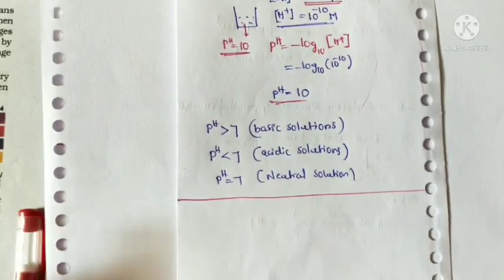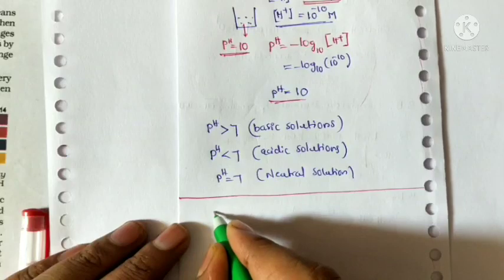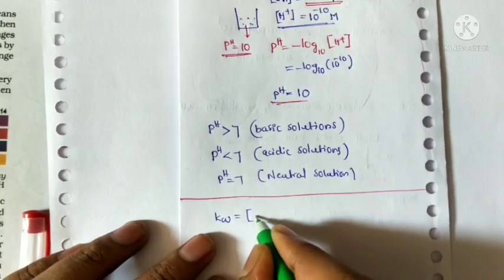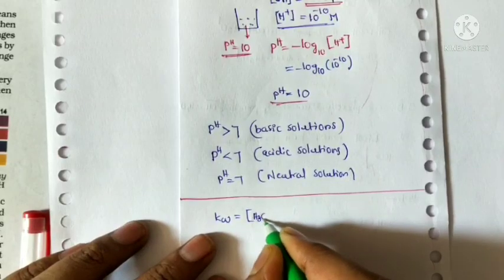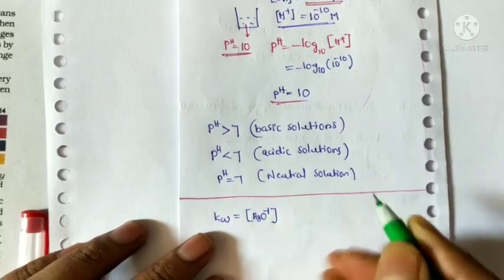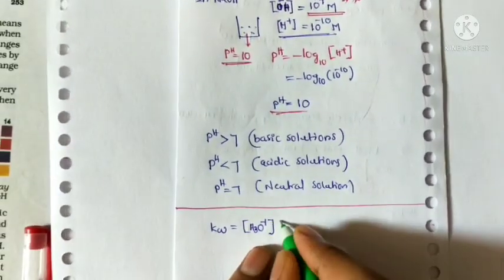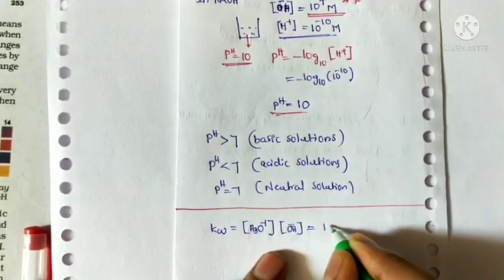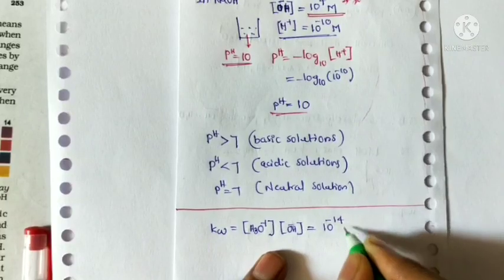Next, one relationship is given. We already know the ionic product of water: the concentration of H3O ions or H plus ions times the concentration of OH minus ions equals 10 to the power of minus 14 molar.